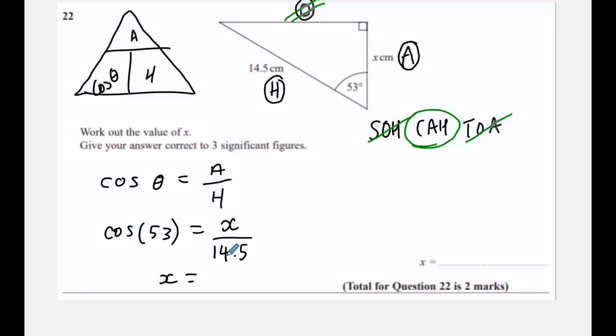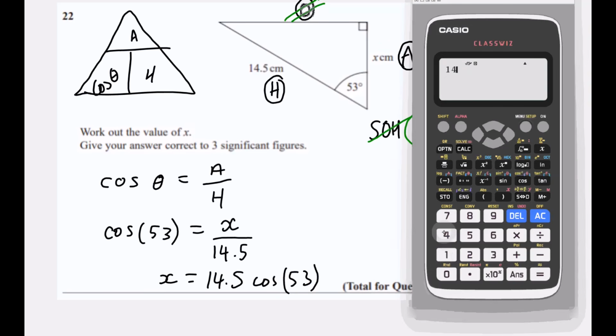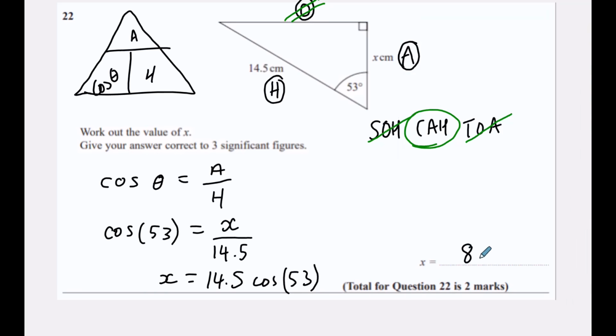So x is going to be equal to 14.5 times cos 53, which is 8.73 to 3 significant figures.